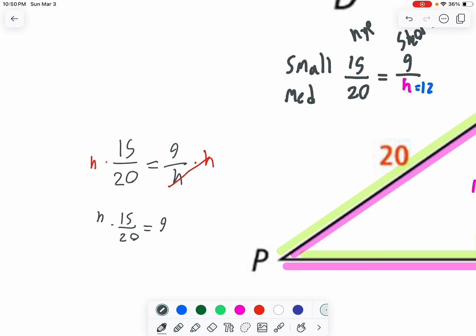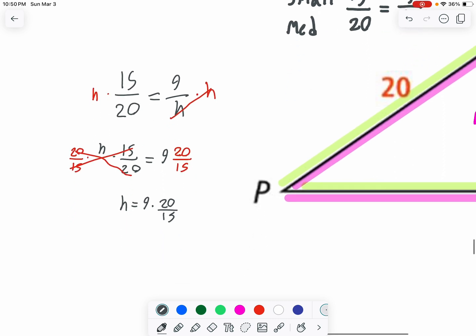And then I need to get rid of that 15/20, so I'm going to multiply by the reciprocal. 20 out of 15. 15 cancels, 20 cancels, and we do the same thing over here, 20 and 15. So I end up with h is equal to 9 times 20/15. Okay, if you go ahead and plug that into a calculator, you'll get h is equal to 12. And we're all set.